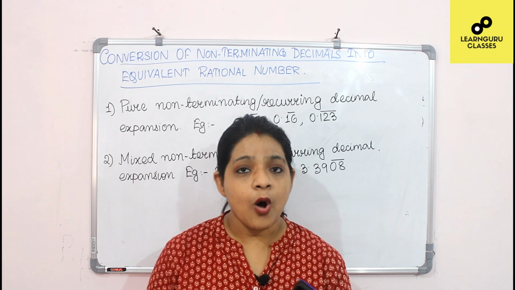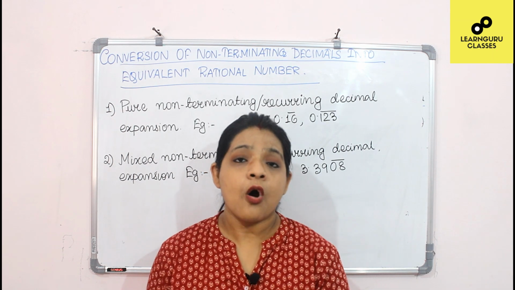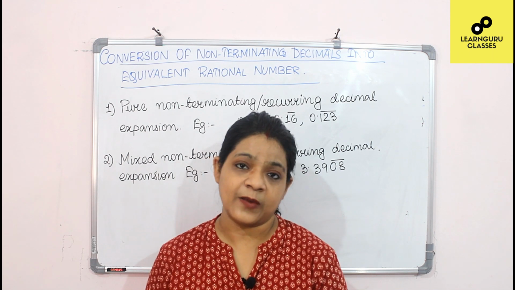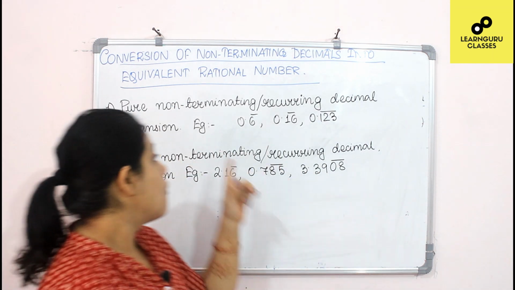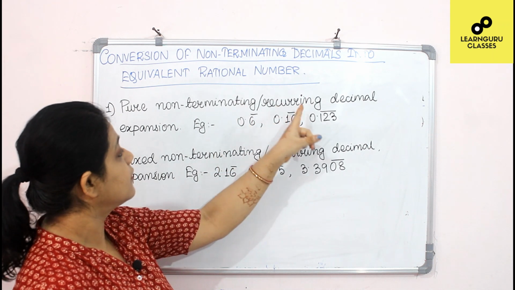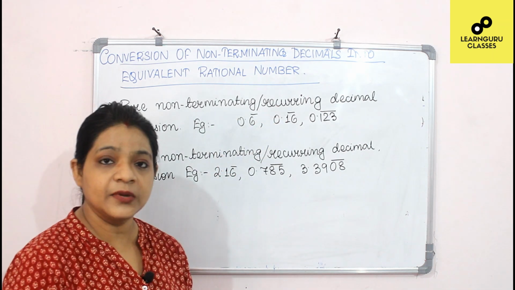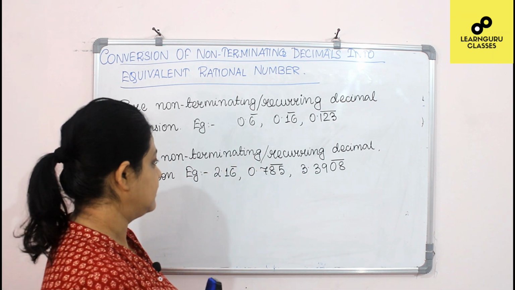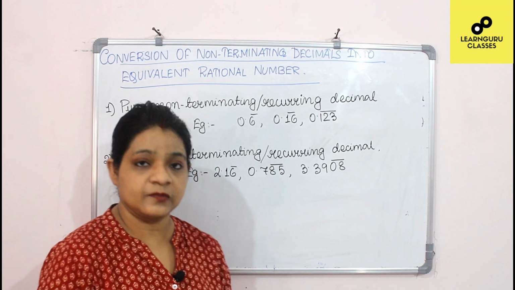Now, depending upon the pattern of non-terminating repeating decimal expansion, there are two types. One is the pure non-terminating or recurring decimal expansion, and the second is the mixed non-terminating or recurring decimal expansion.